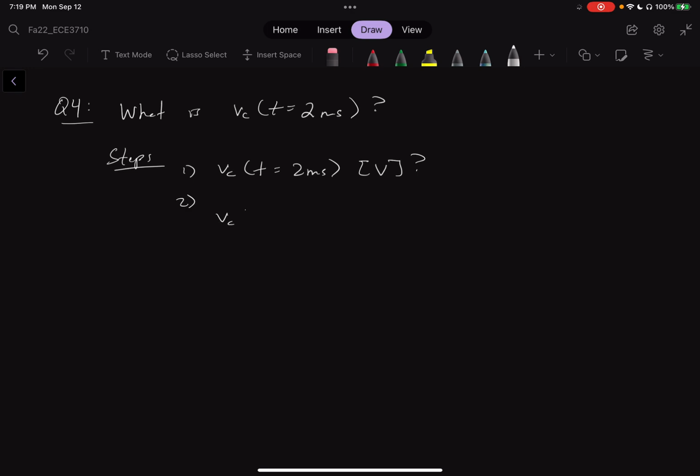We need nothing other than VC of t equal to VC of t approaching infinity plus, in square brackets, VC of t at 0 minus VC of t approaching infinity, close bracket, e to the negative t over tau c.